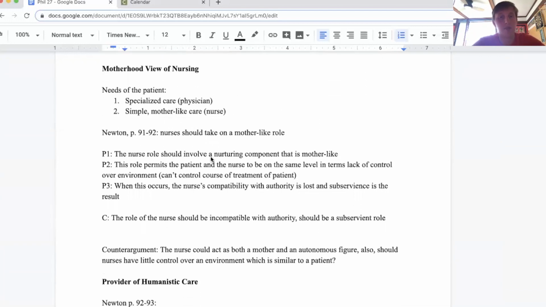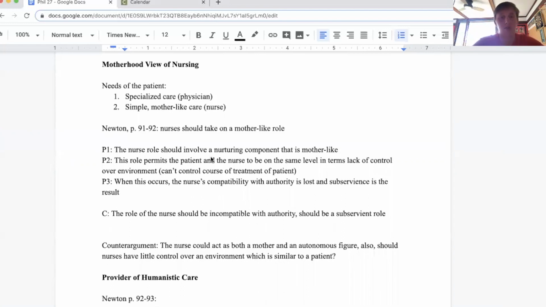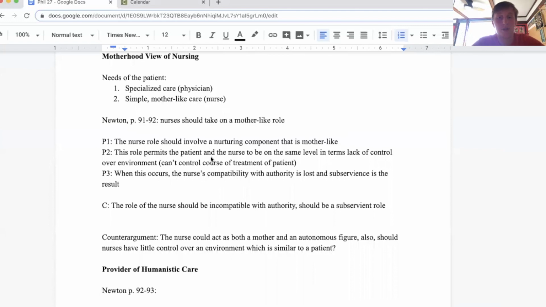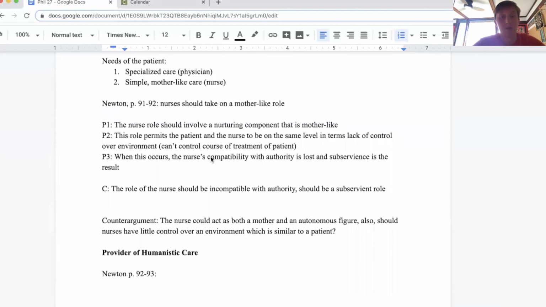In the next section, Motherhood View of Nursing, Newton notes two specific needs of the patient, which are specialized care, in other words a physician, and simple mother-like care, which is a nurse. Newton essentially states that nurses should take on a mother-like role. The first argument is that the nurse role should involve a nurturing component that is mother-like, and this role permits the patient and nurse to be on the same level, because once they're on the same level, the nurse can't control the course of treatment in the patient.